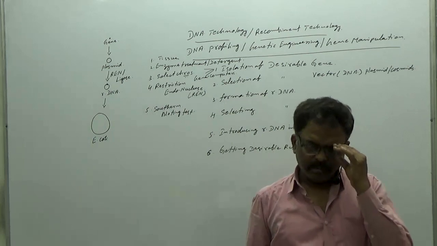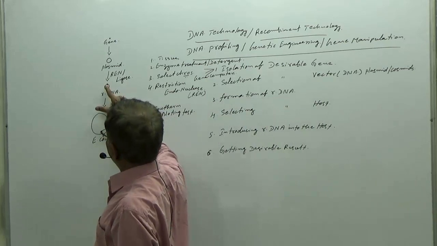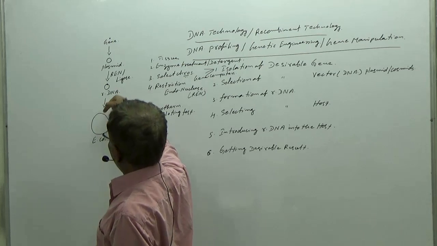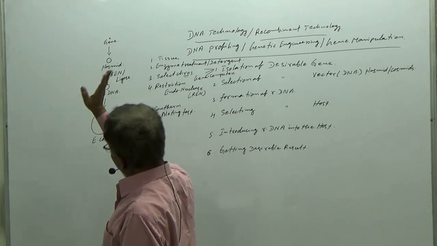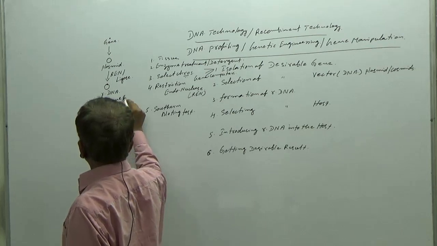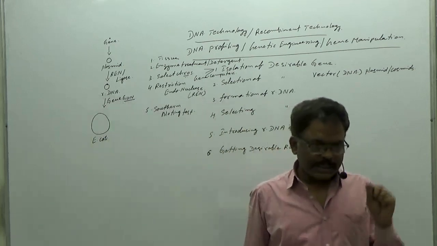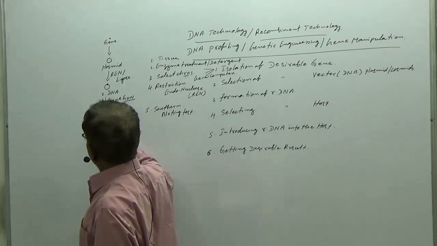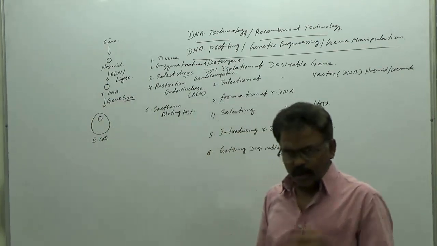Then after selecting the microorganism, they insert this rDNA into the E. coli. How to insert? Now a number of micropipettes are available. The micropipettes are also known as gene guns. By using the gene gun, they insert this rDNA into the microorganism E. coli.